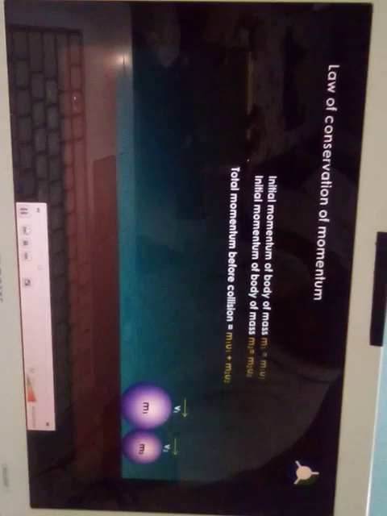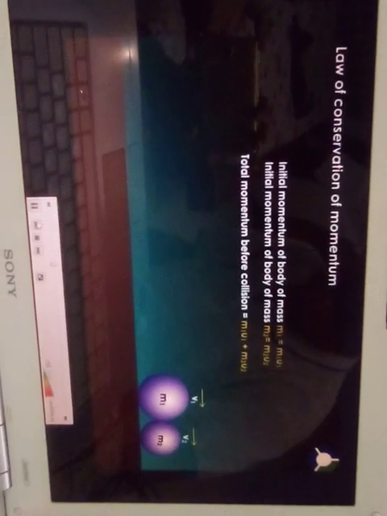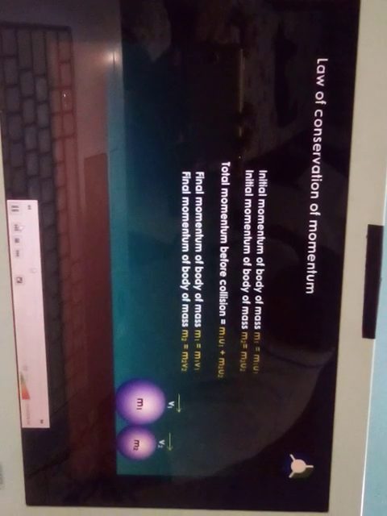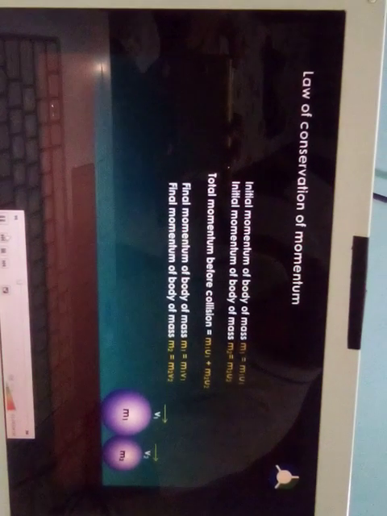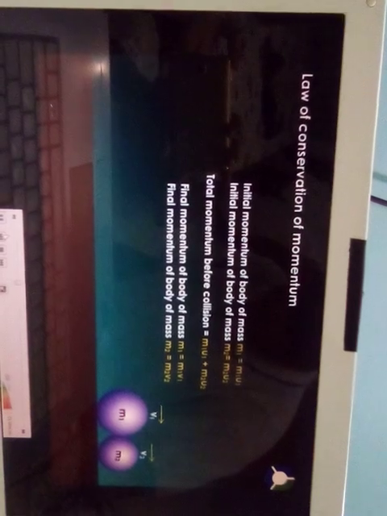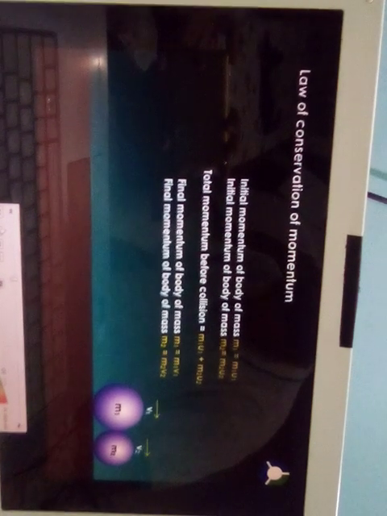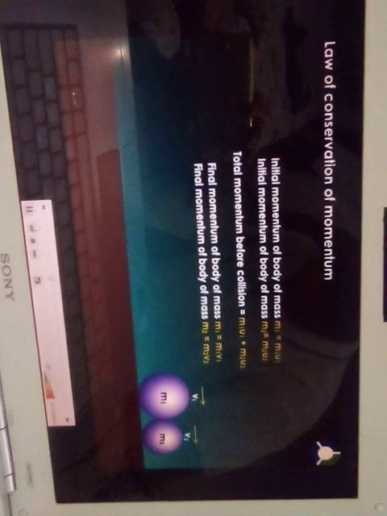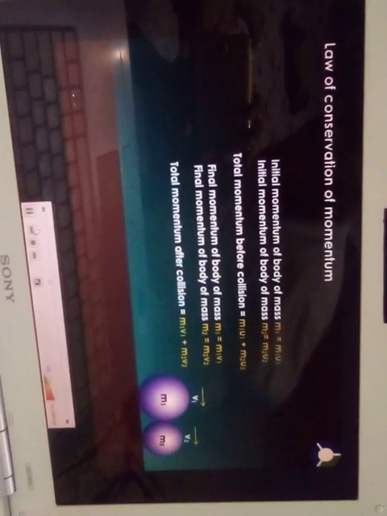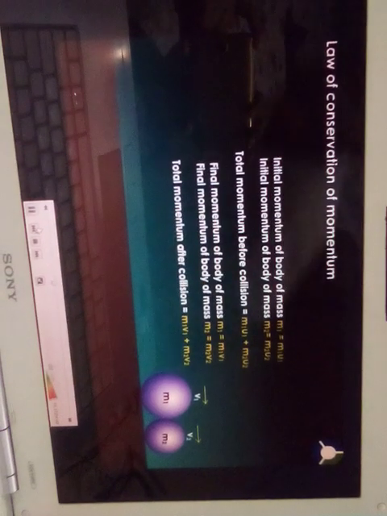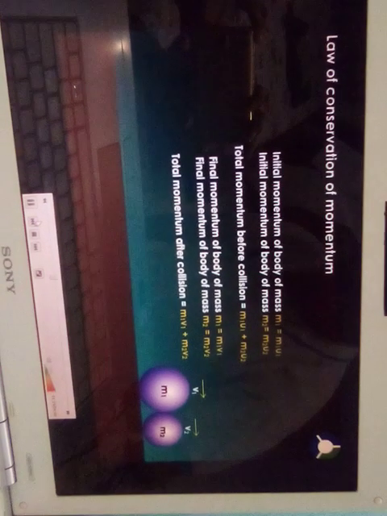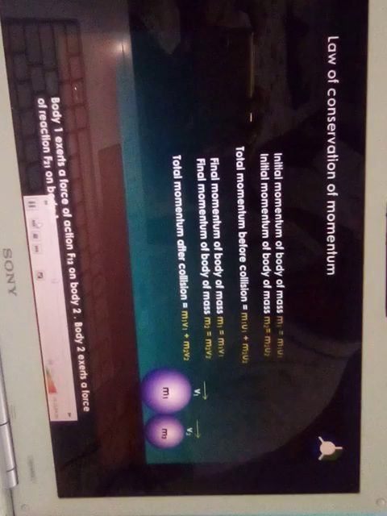Total momentum before collision equals m1 u1 plus m2 u2. Final momentum of m1 equals m1 v1, and of m2 equals m2 v2. Total momentum after collision equals m1 v1 plus m2 v2.